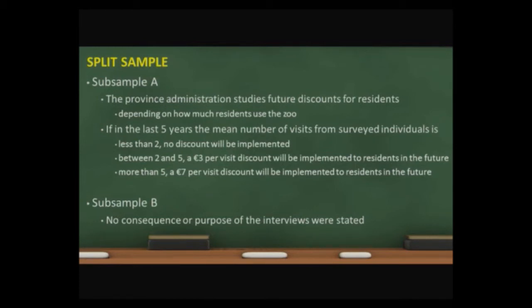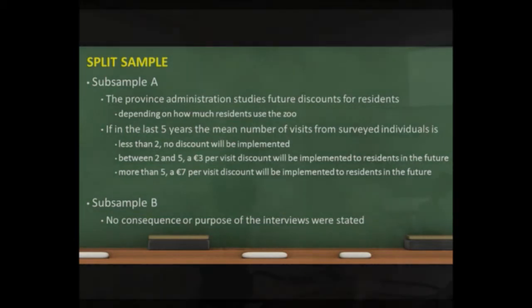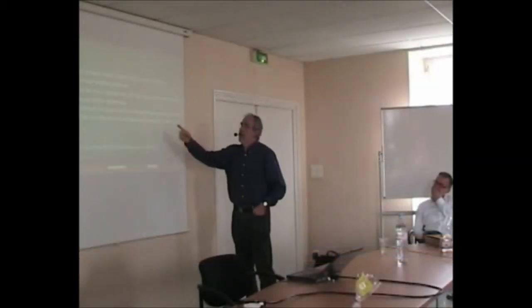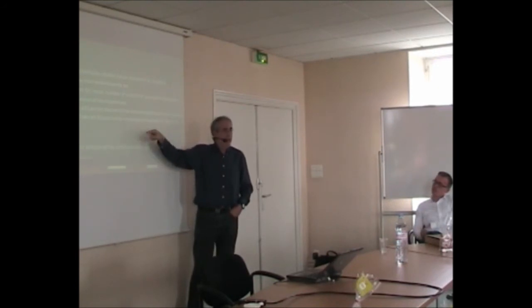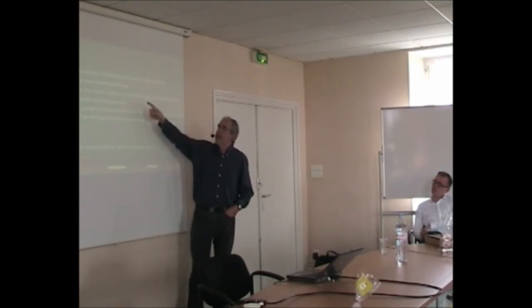In sample A, the questionnaire would read, before asking the number of times they had visited over the last 5 years: the province administration studies future discounts for residents in this province. Depending on how much residents use the zoo, the discount would vary.